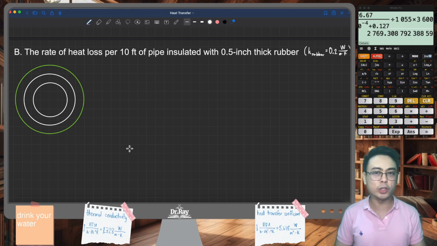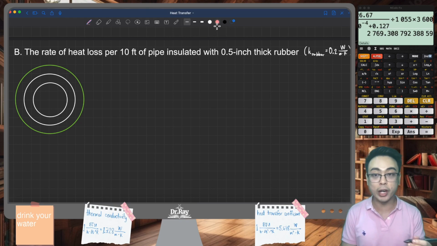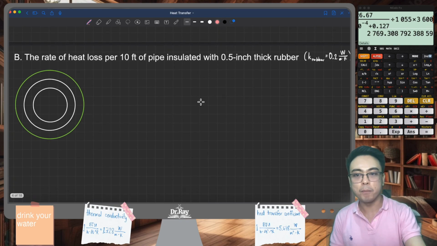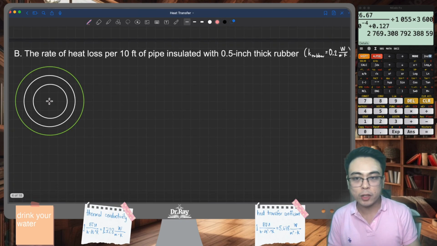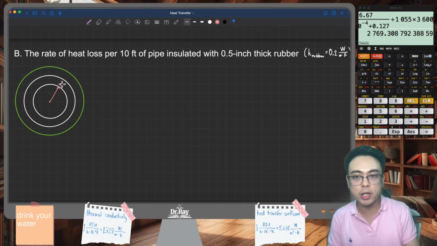Now, please do notice that we have introduced a new diameter, or a new radius in this case. So if you go back to our illustration before, if we are to complete it, this is the inner diameter of the pipe. I know that I'm just drawing the radius, but you can understand that it's for the entire diameter, right?